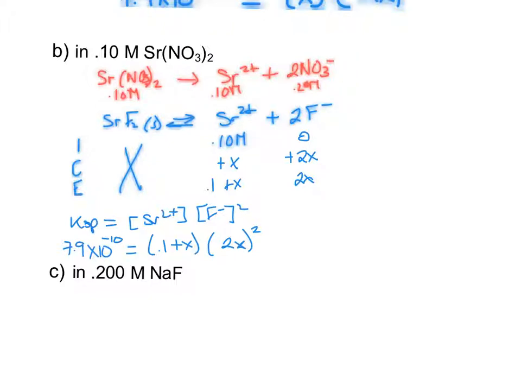If you solve for this, you get that X here, which is how much dissolved of the SrF2, is going to be 4.44 times 10 to the negative fifth molar.